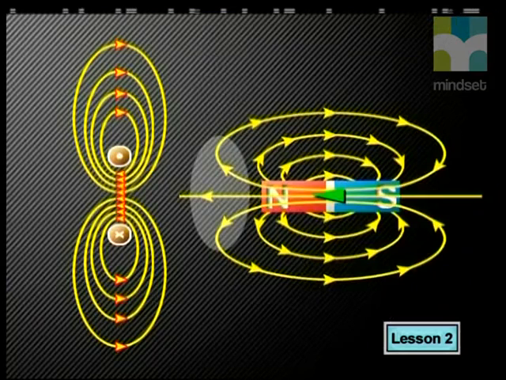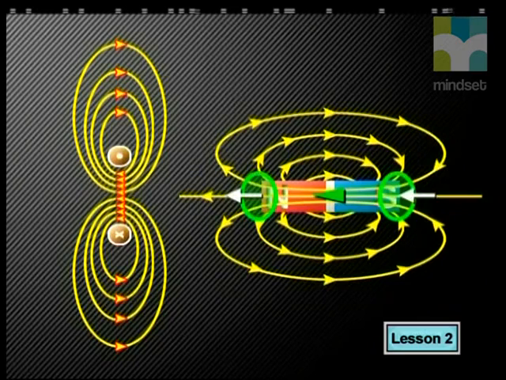Let's compare the magnetic field formed by a current-carrying conductor in a single loop to the magnetic field around a permanent magnet. Notice that in the bar magnet, the field lines inside the magnet run in the same direction close together and then loop around from the North Pole to the South Pole in two separate loops.